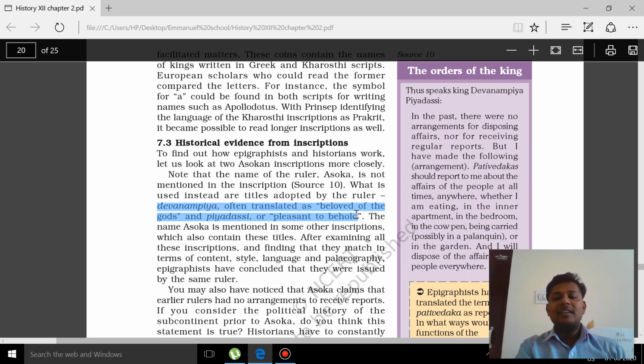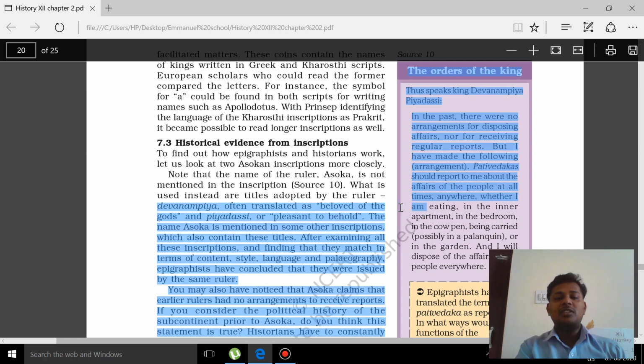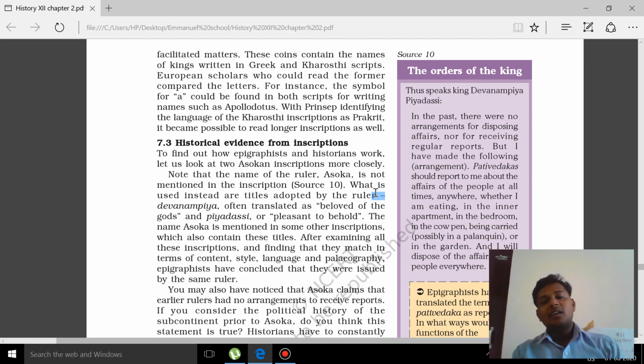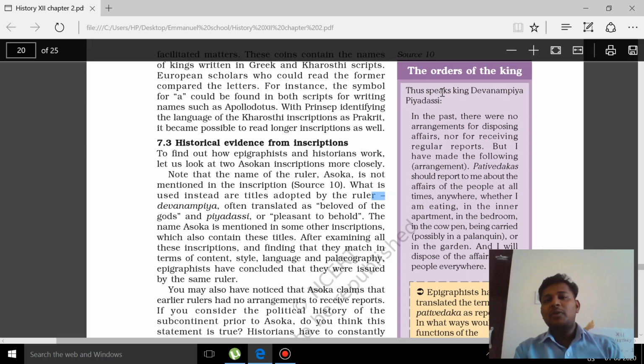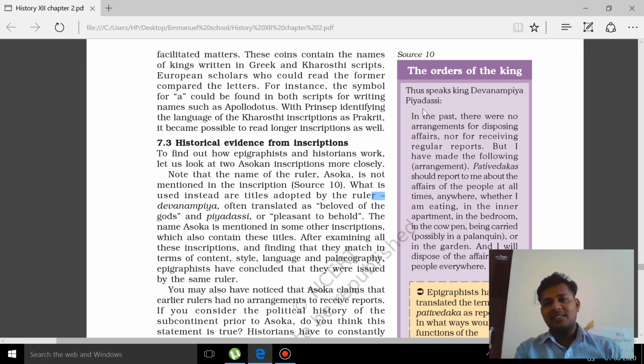It is often translated as beloved of the gods, and this was also inscribed for Ashoka. So there it says, thus speaks the king Devanambiya Piyadasi. That means the beloved of the gods and the pleasant to behold person. Ashoka writes this.